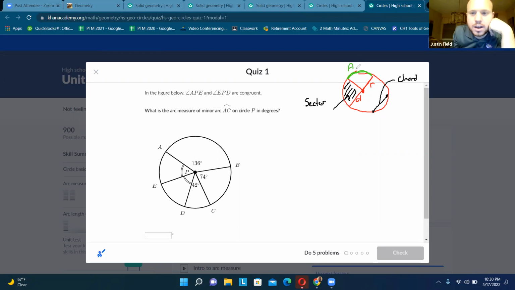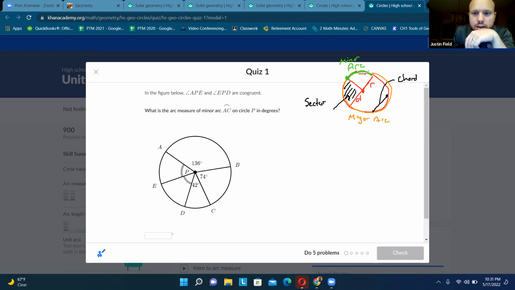The arc is taking the way around the circle. We have minor arcs. This would be a minor arc. And then a major arc is going the long way around. Major arc.